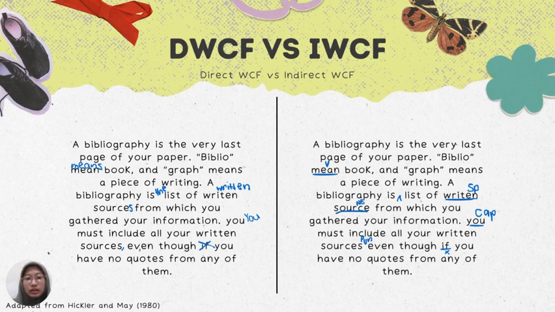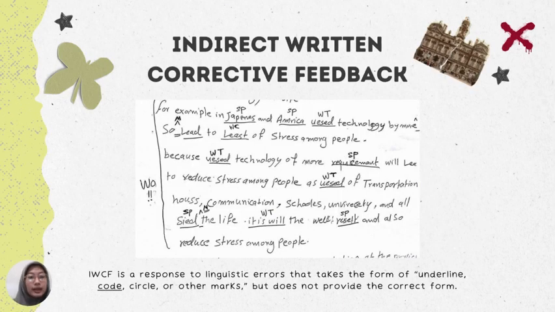So in indirect corrective feedback, they just provide the codes without giving the correct form directly to the errors.